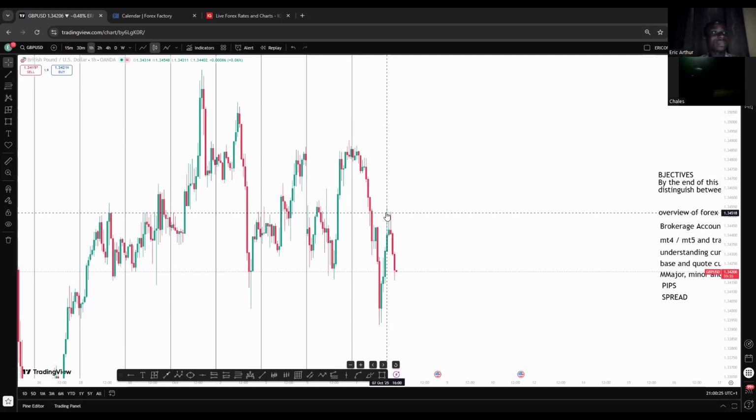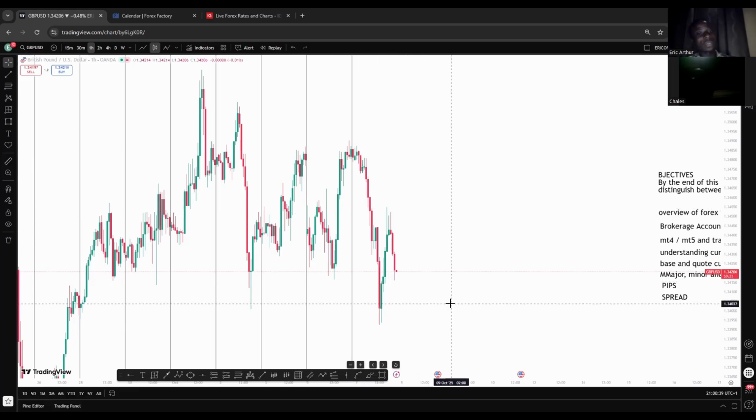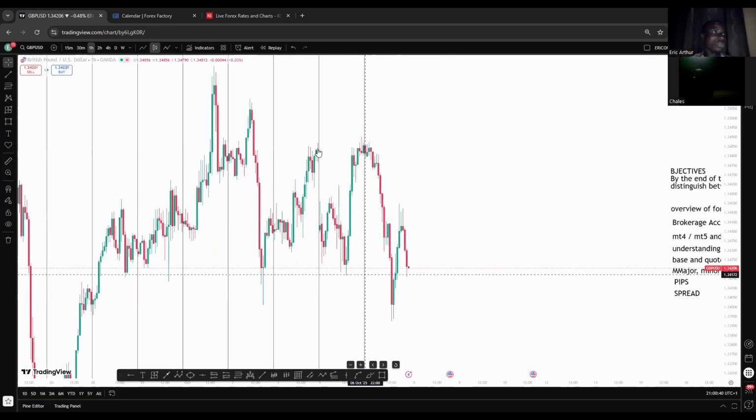And when there is selling, that means the value of the currency is depreciating. You see that the market is selling and all that. So you understand it, right?